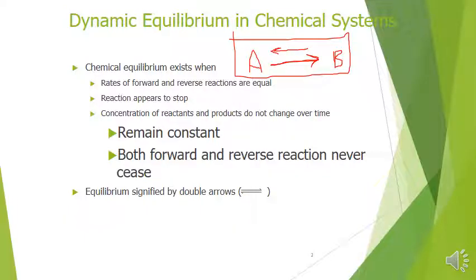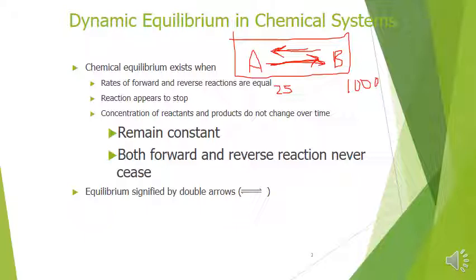What you'll see is that A starts making B, and B will start going back to making A. Now, in the long run, when you get all done, you might have 1,000 B's and only 25 A's.